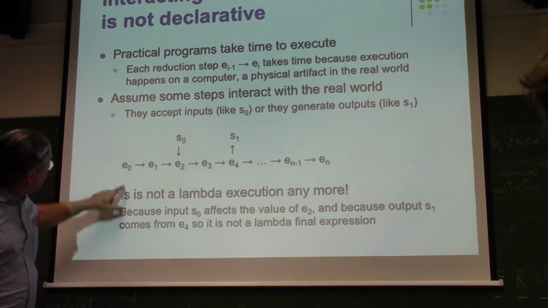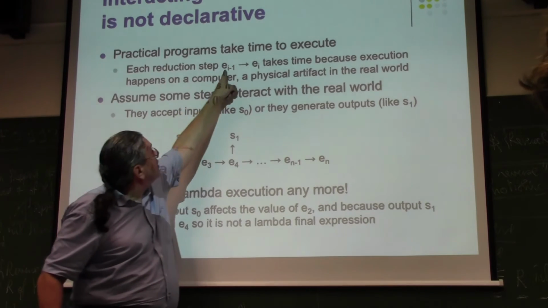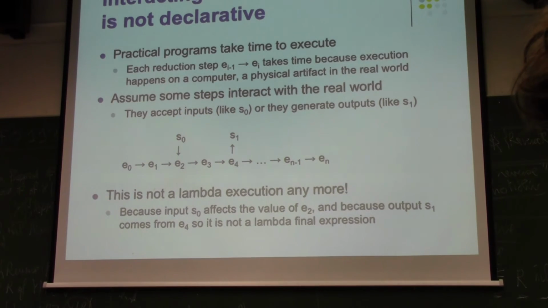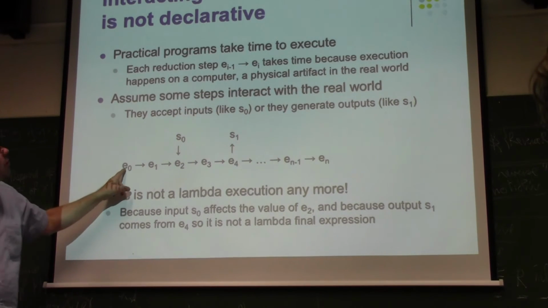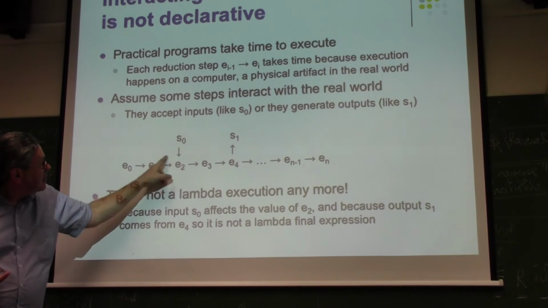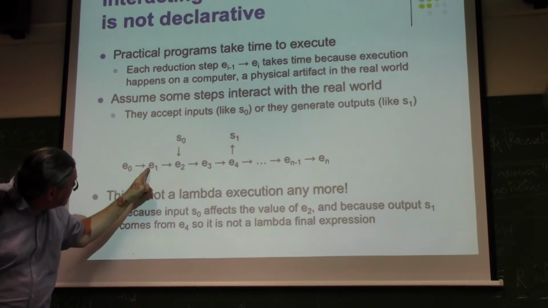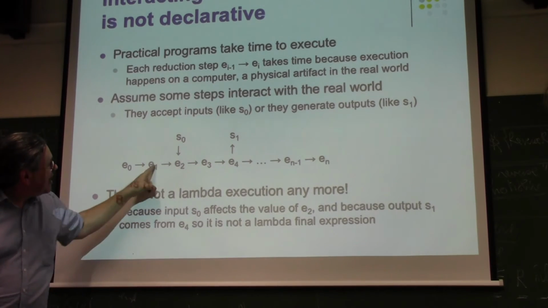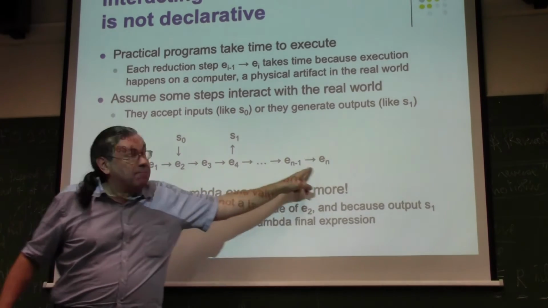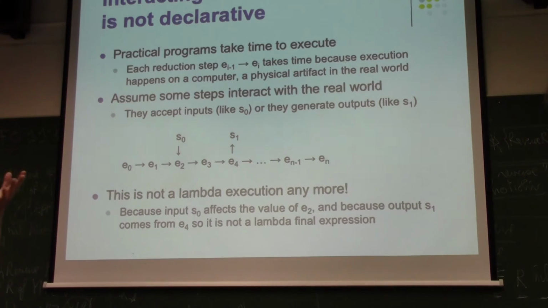Each of these steps, each reduction step, takes time, of course. This is implemented on a computer, using transistors and logic gates and whatever, and it's clocked, and it's very complicated. But the point is, it takes time. So this whole thing is going to take some time. That's very reasonable. That's logical.